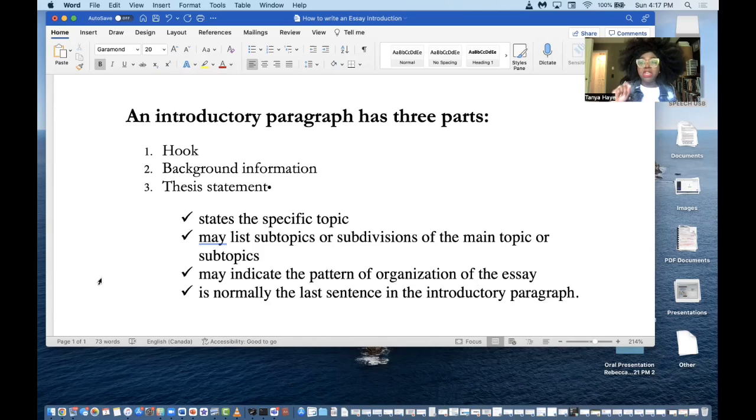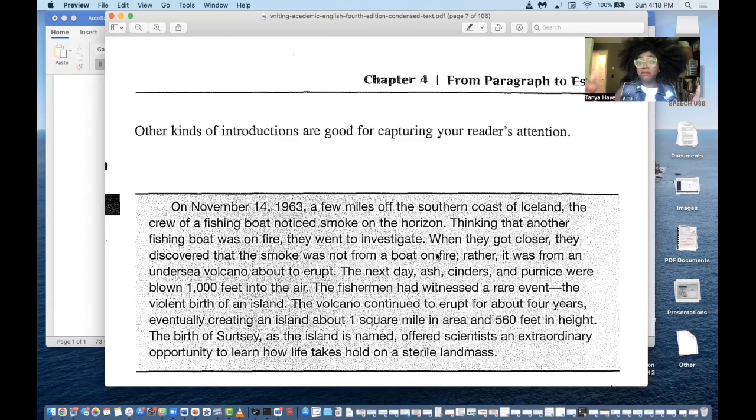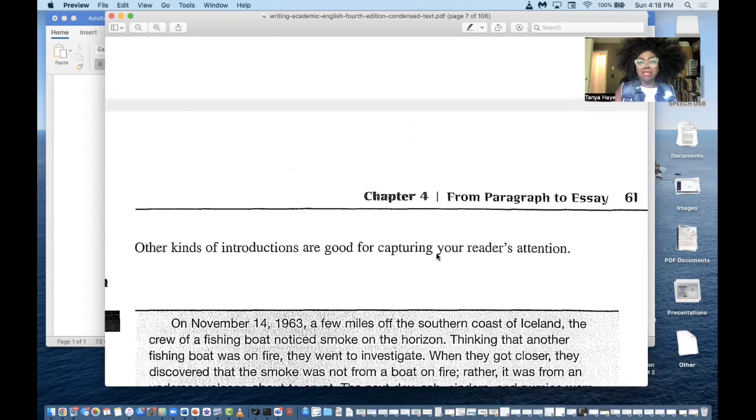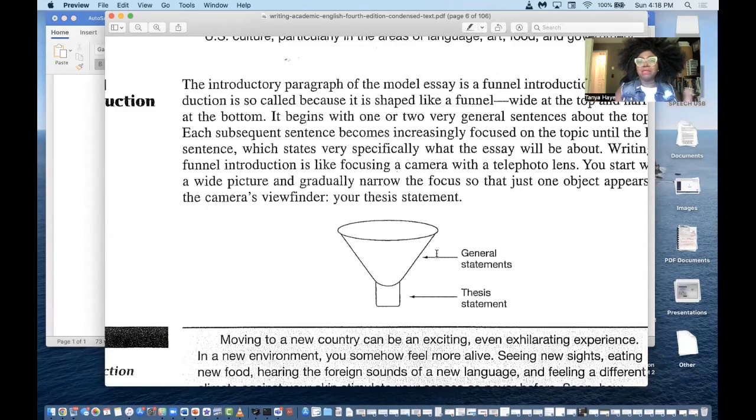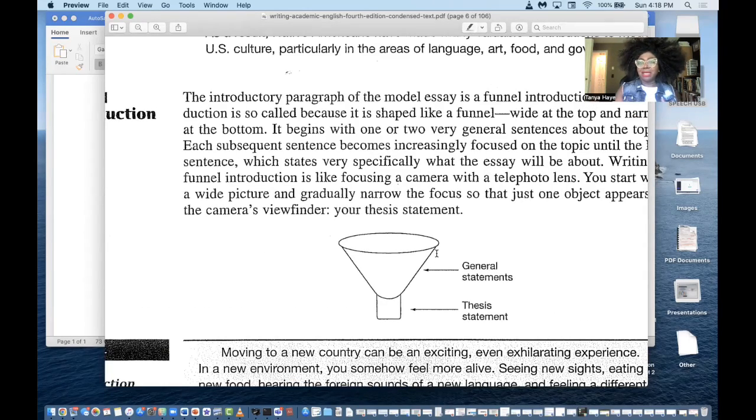So let's now look at a couple examples of different types of introductions. Now, the first type of introduction that we're going to be looking at is what they call the funnel. Now, when you think about a funnel, I think this picture comes to mind. And that's what that type of introduction will do.